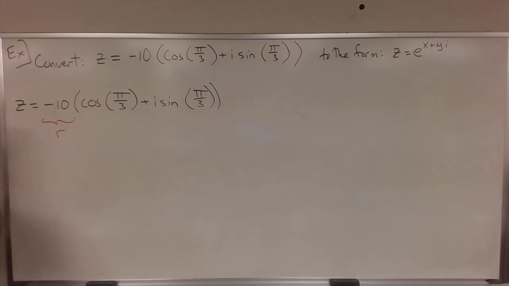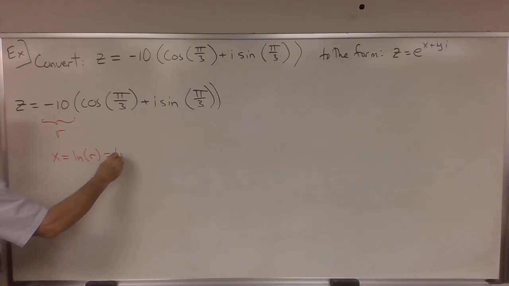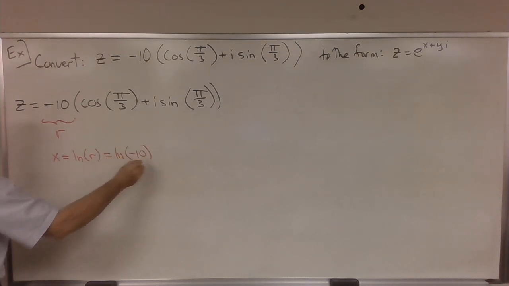And let's see, I'm going to replace this with e to the x, where x is equal to the natural log of r. So that would be the natural log of negative 10.